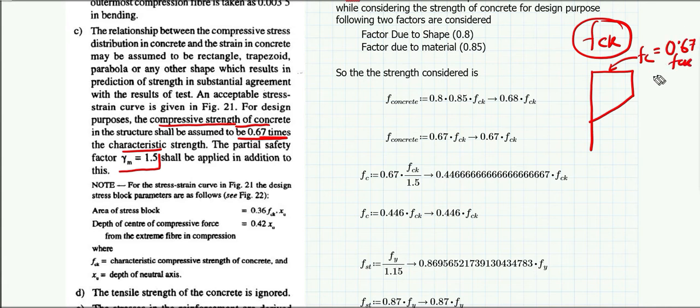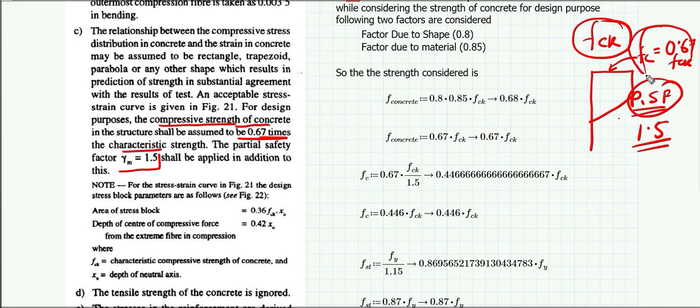And if you are going to design using the limit state method, then you have to use the partial safety factor, which is taken as 1.5. Now you already know what the partial safety factor is.